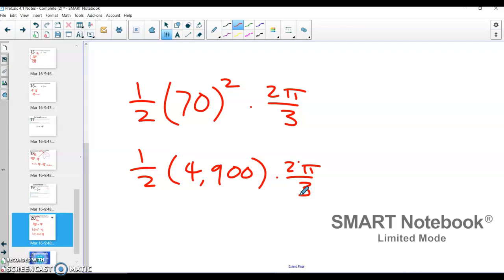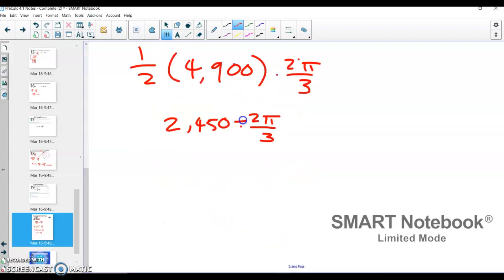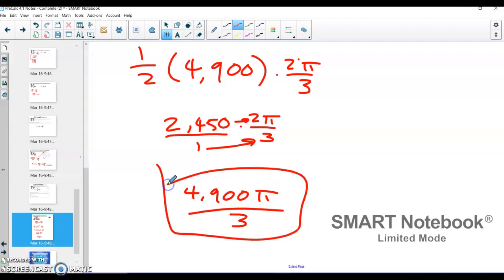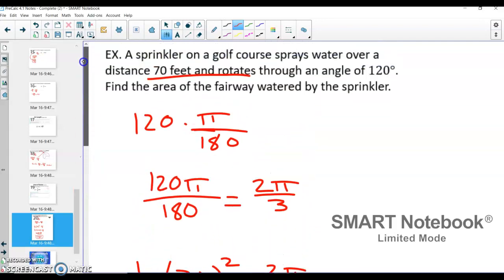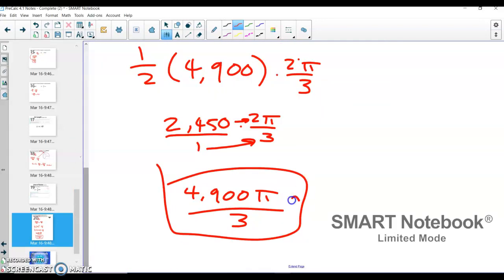We end up doing, let's see, 4,900 divided by 2 gives me 2,450 times 2 pi over 3. Multiplying here, top, this is like over 1, bottom, we have 4,900 pi over 3, and I'm going to leave it as that for my answer. And I believe that is in feet squared. Am I working in feet here? Yep. So that would actually be feet squared there.